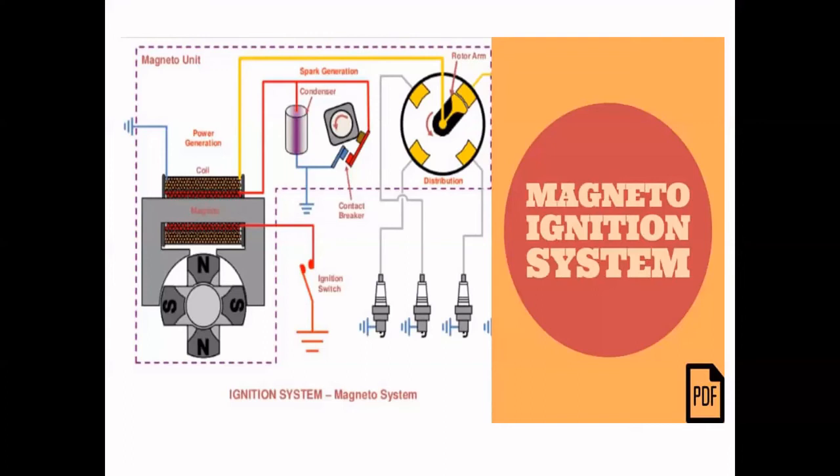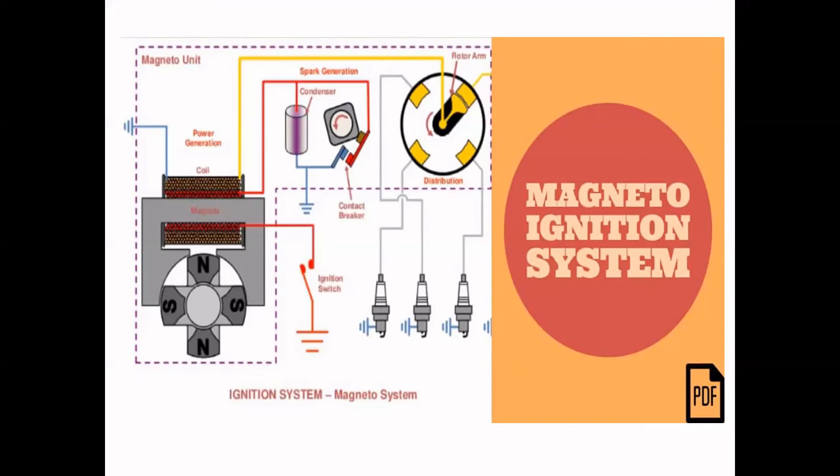Once the contact breaker is in open condition, the current starts flowing through the condenser and the condenser is charged. Once the condenser is charged, the current flowing through the primary coil starts reducing.